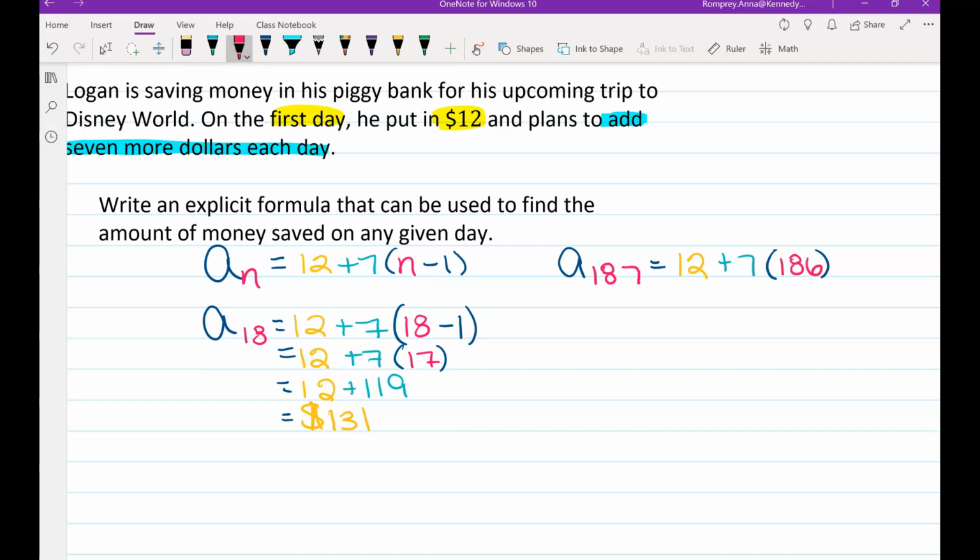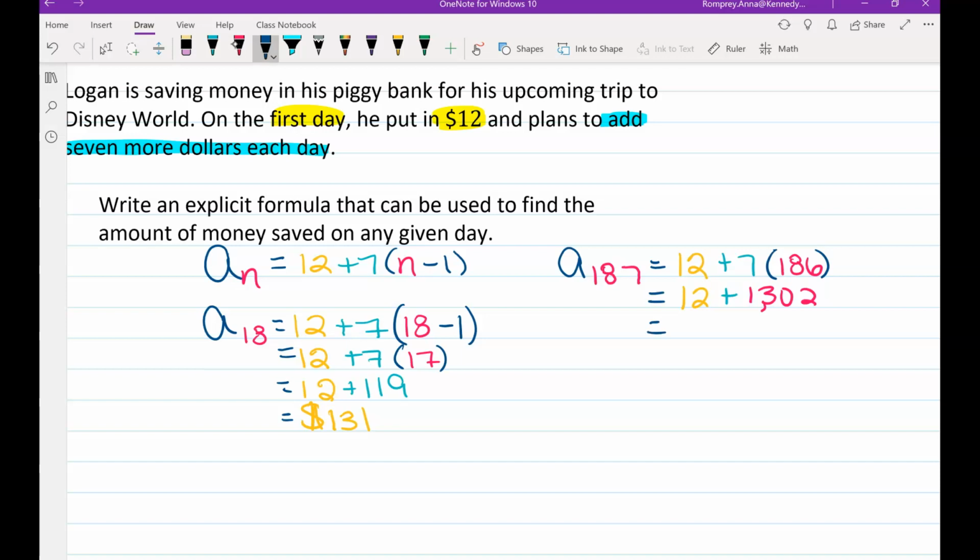All right, so I'm going to go ahead and drop the 1. So it's 186 times that I'm adding the 7. Let me get my handy dandy calculator for this one. 12 plus 1302.